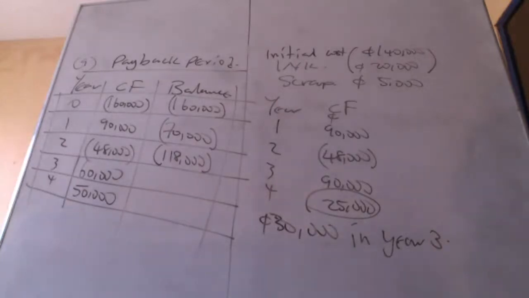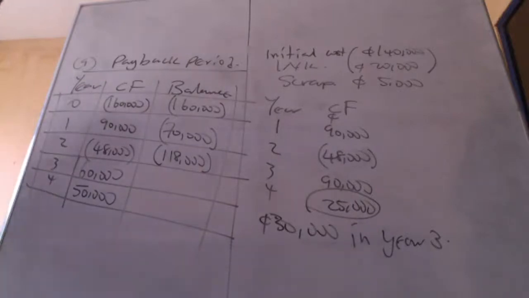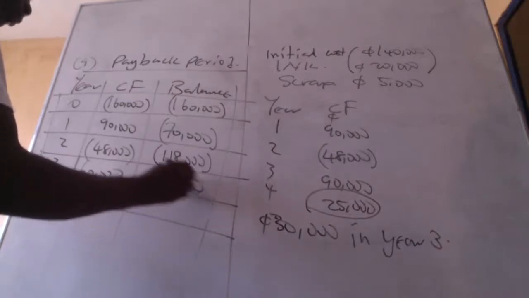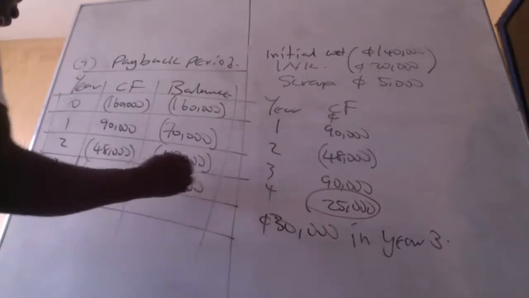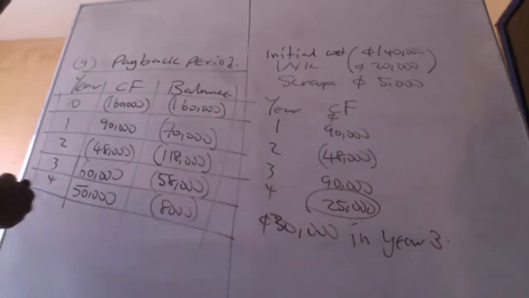Then in year three, we made 60,000. So when we take it off, that will be 118 less 60, which is 58,000. Good. So we still have 58,000 to pay.